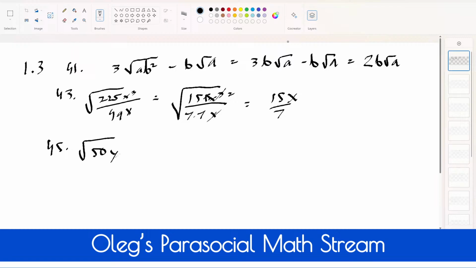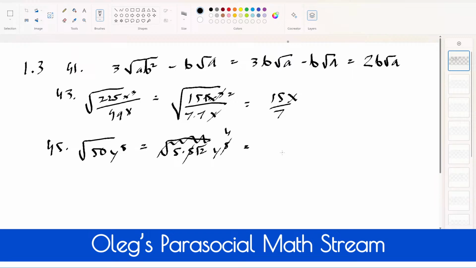Root 50 y to the 8th power. So that means it comes out to 5 times 5 times 2. So 5 times 2 is 10 times 5, and then y to the 8th power. So basically we have 8 y's. We're paying 4. Remember, you have to pay half whatever you want to take out. So that gives us 4, and then this is gone now, so we just have the root.